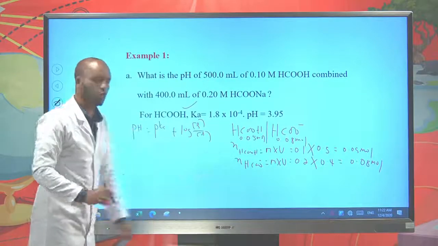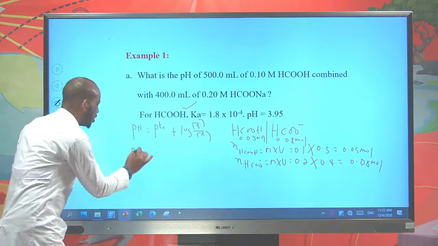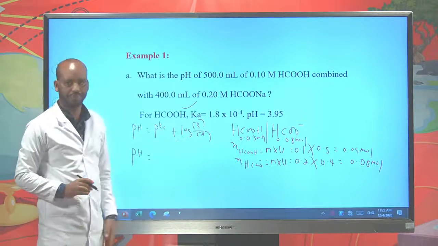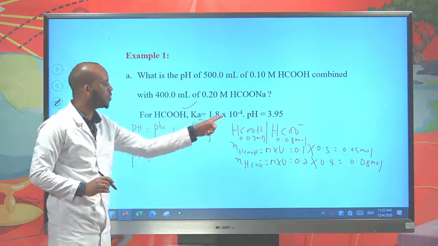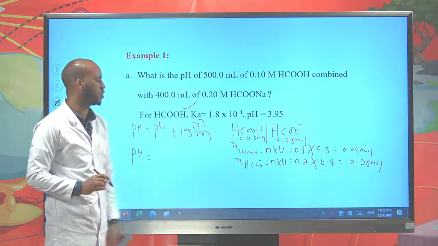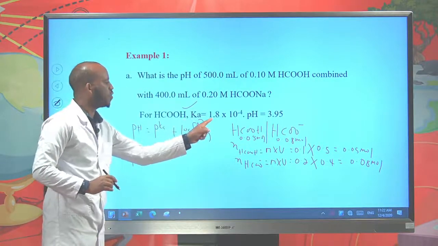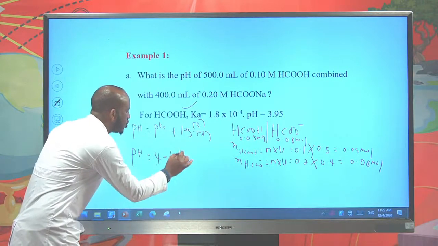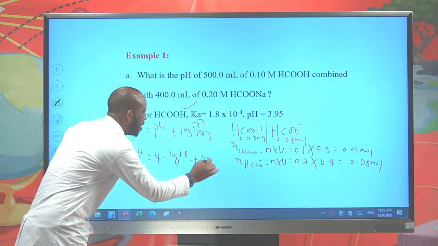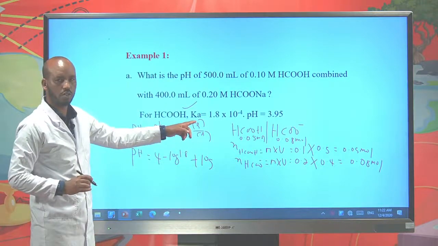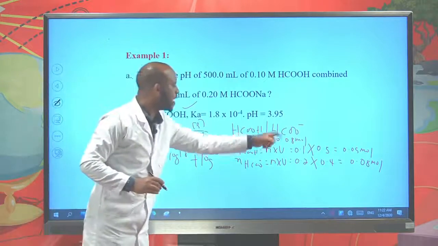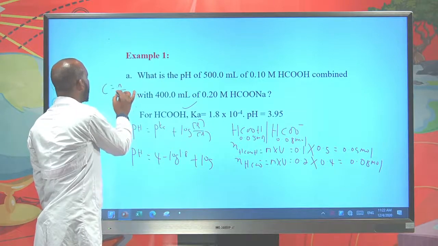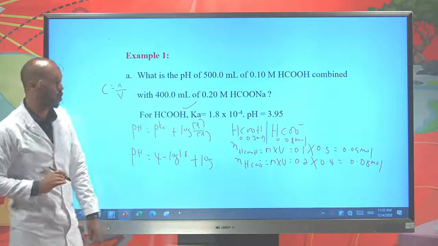The pH of this buffer solution equals pKa, the negative logarithm of Ka. The acid dissociation constant of formic acid is 1.8 times 10 raised to minus 4. pKa is the negative logarithm of this, which is 4 minus log 1.8, plus log of the base concentration, the conjugate base, which is formate ion. Concentration by definition is number of moles divided by total volume.